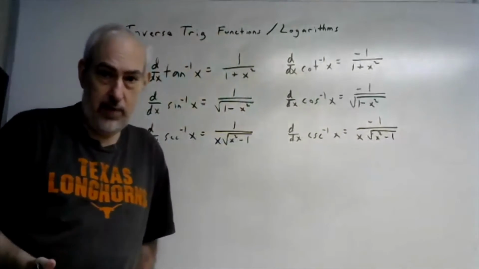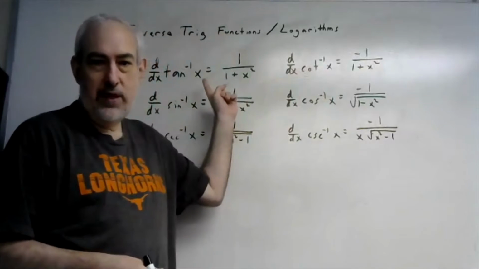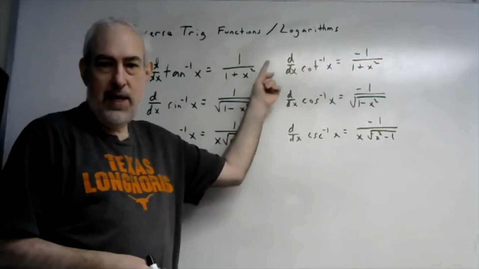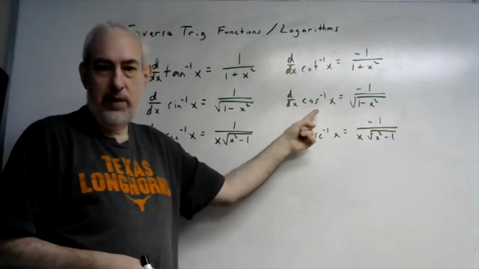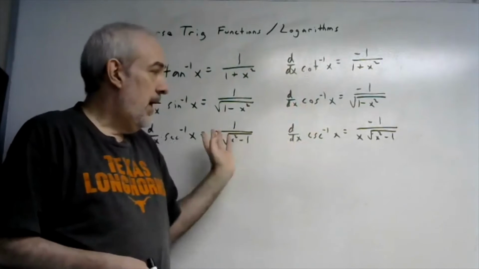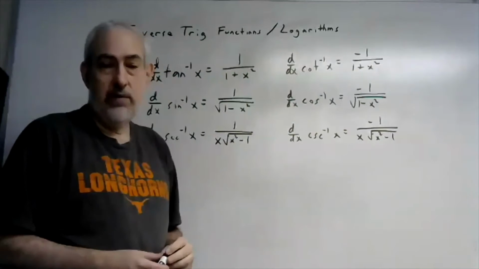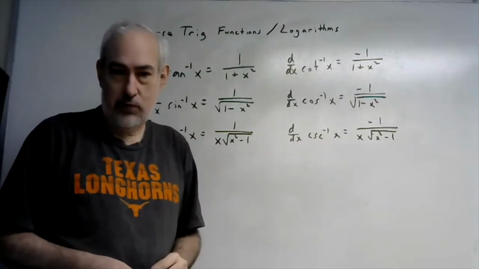So you may have noticed something, that the derivative of inverse cotangent is exactly the same as inverse tangent, except it has a minus 1 on the top instead of a plus 1. And this one is the same as this one, but multiplied by negative 1. And the same thing for the derivative of inverse cosecant, which is simply the derivative of inverse secant times minus 1.